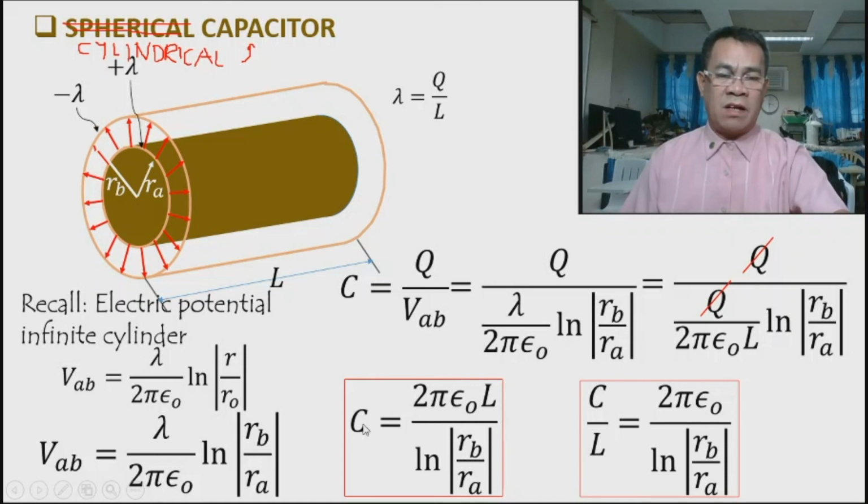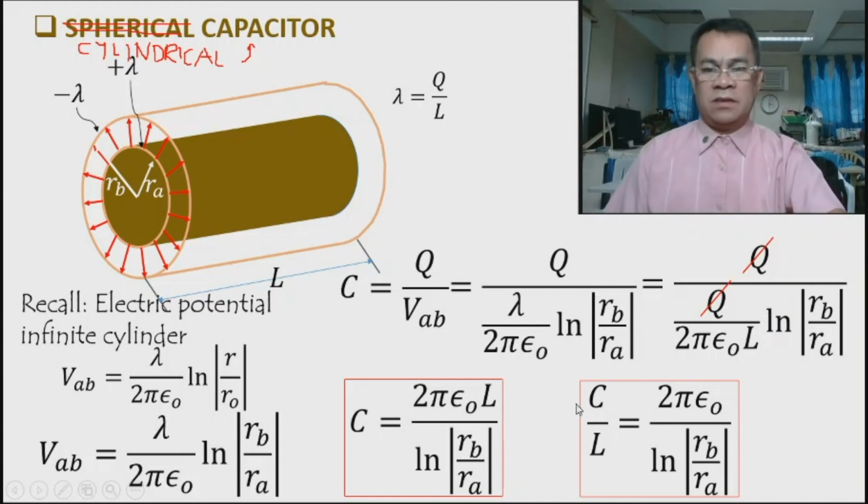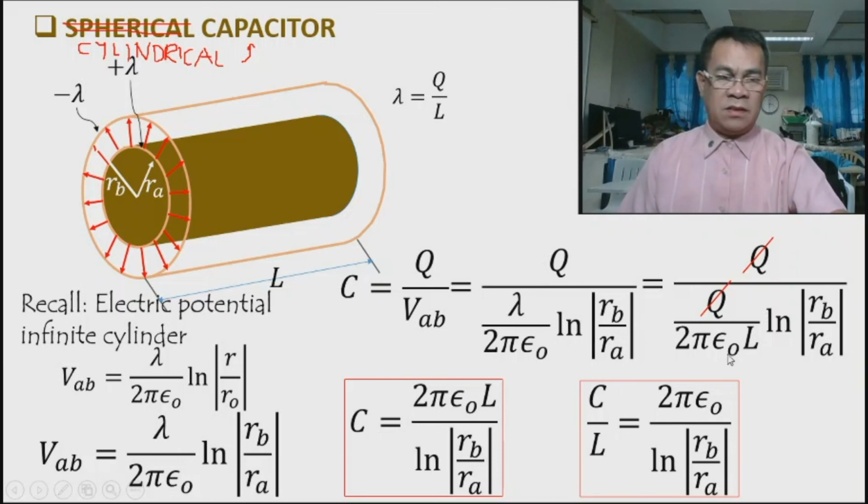We have the capacitance in terms of L, and we can express that per length, which means we can compute the capacitance per length if the radii are given. If the radius of the inner cylinder and the radius of the outer cylinder are given, then we can always calculate the capacitance per length of that. So this is it.